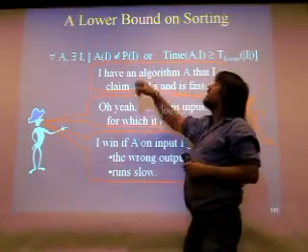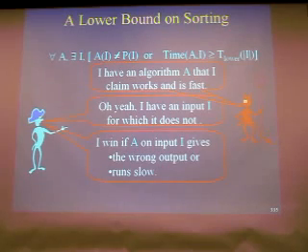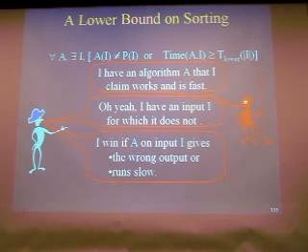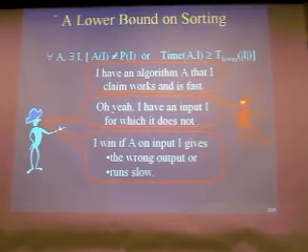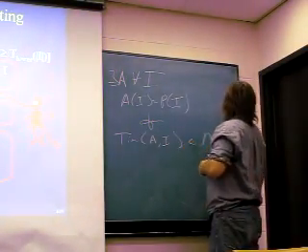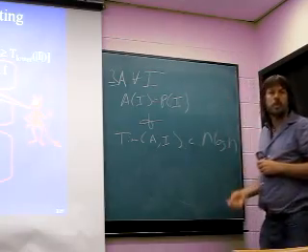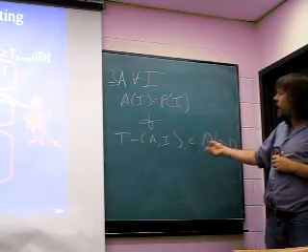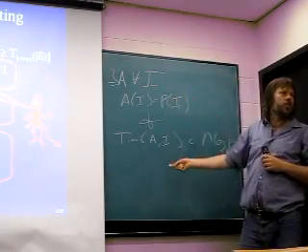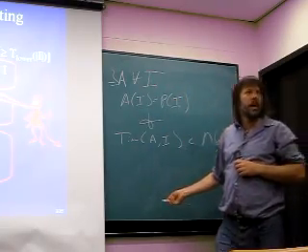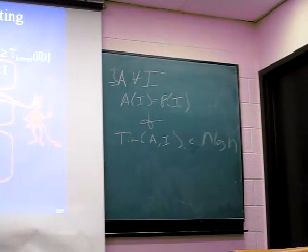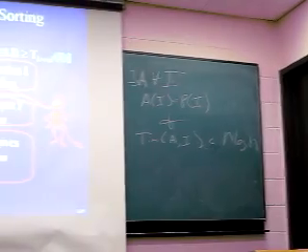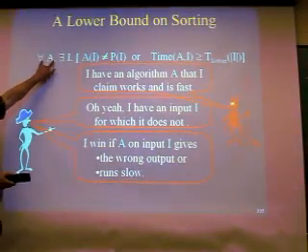And not equals turns into equals. So A(I) equals P(I), and the time is less than or equal to. Yes. Exactly. Right? This is a statement which says there is an algorithm that works fast on every input. Right? This is the statement that says there's not such an algorithm. Right? Everybody good with that? And so now my goal is, given an A, to find an I.